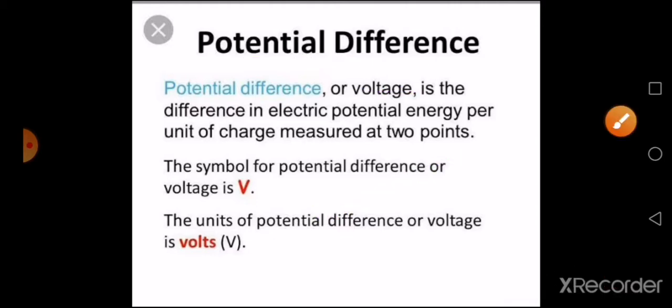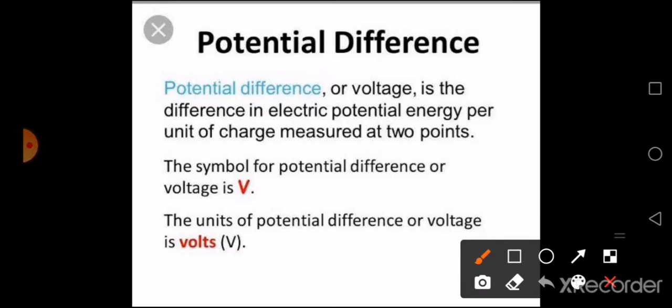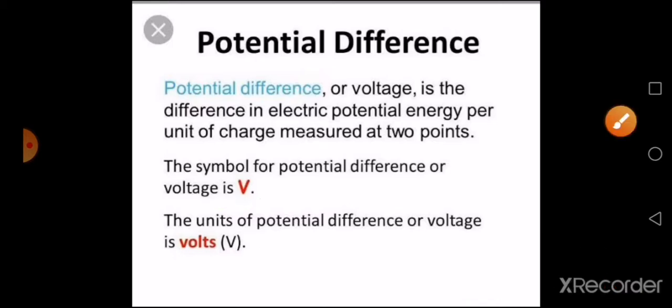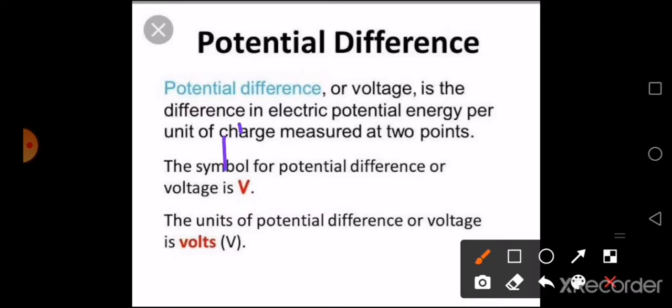Now as I told you earlier, the symbol of potential difference or voltage is V itself. Unit is going to be volt. Now what you are going to do is define what is 1 volt. I have already told you potential difference or electric potential, whatever it may be, is the work done per unit charge, isn't it?